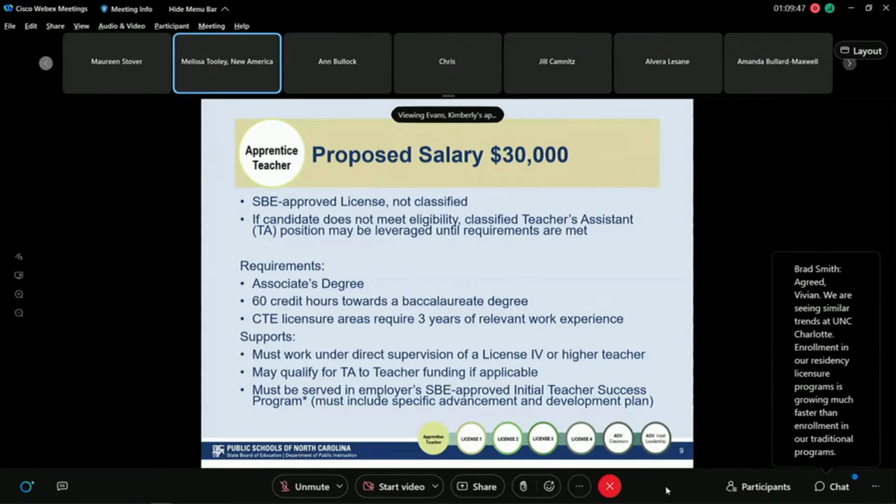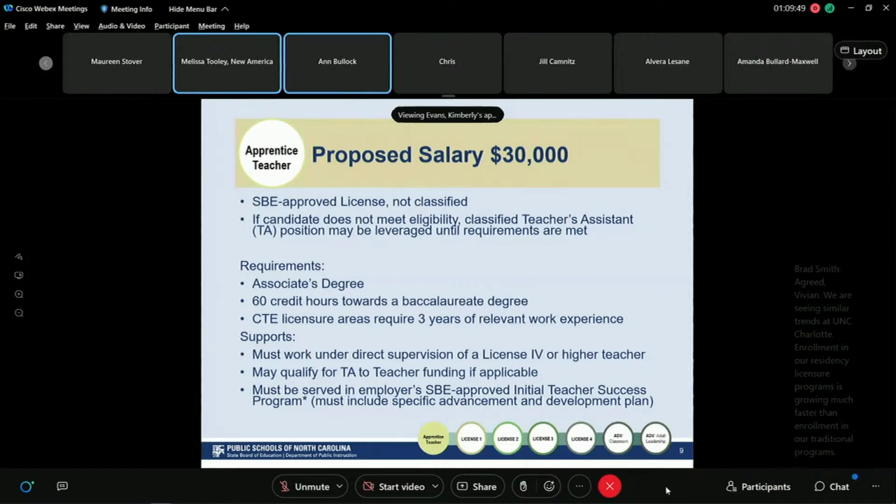I agree with Maureen. This is maybe technical, but a registered apprenticeship is a very technical role, very prescribed by federal regulation. If you are thinking about it as operating like a true registered apprenticeship, I think it's fine to call it an apprentice teacher. I just worry about the terminology.